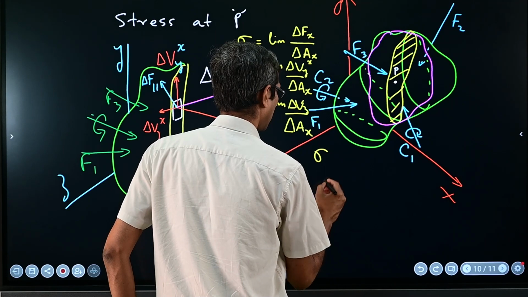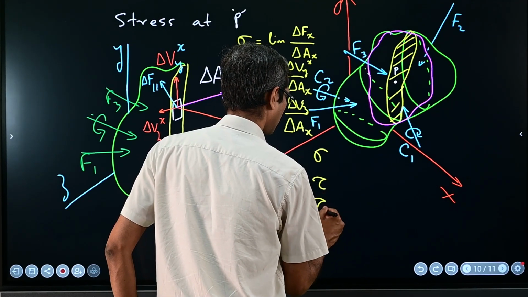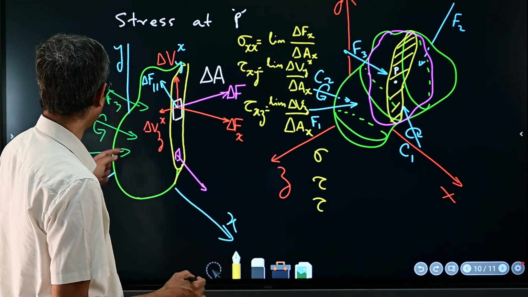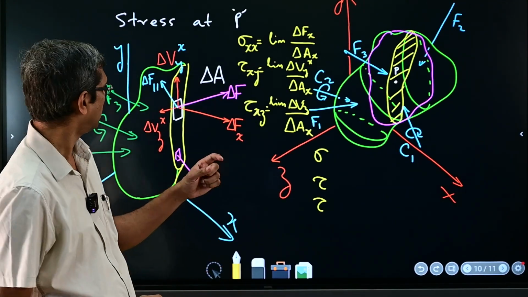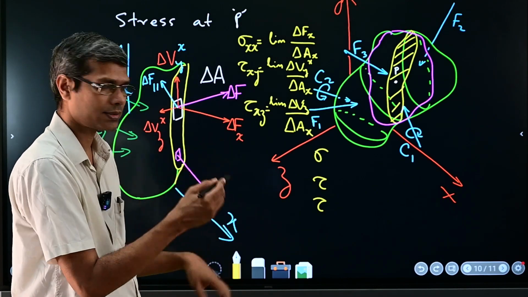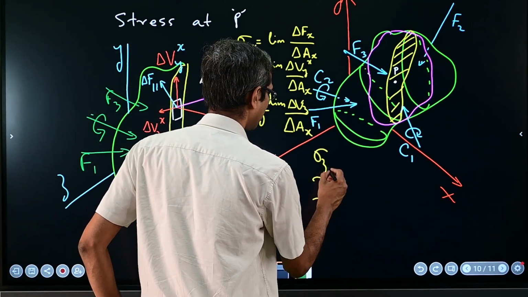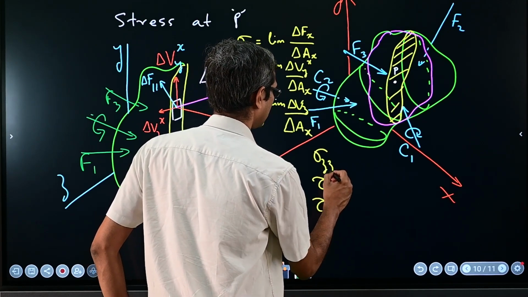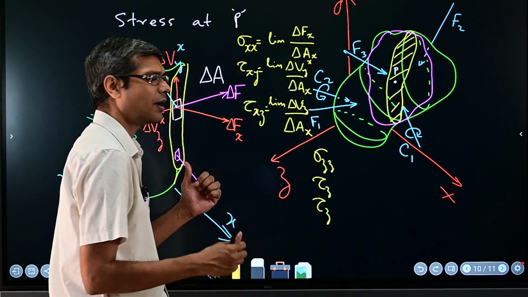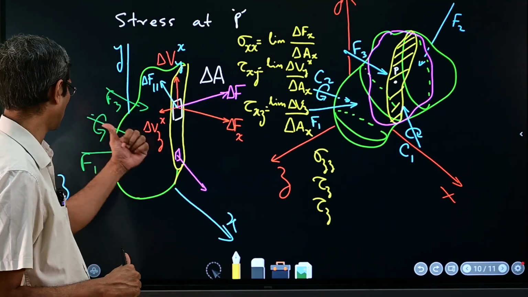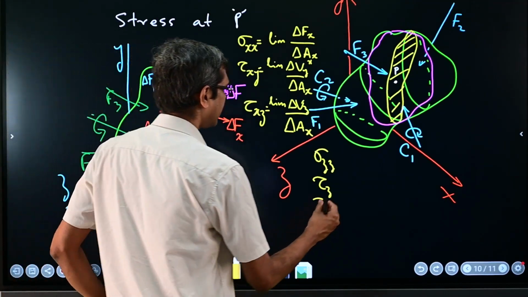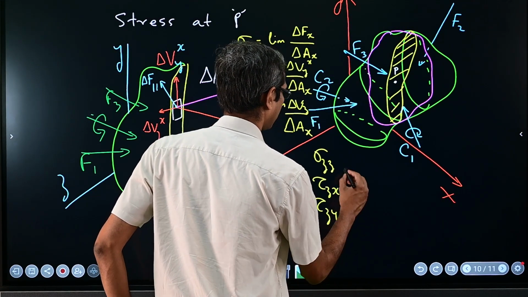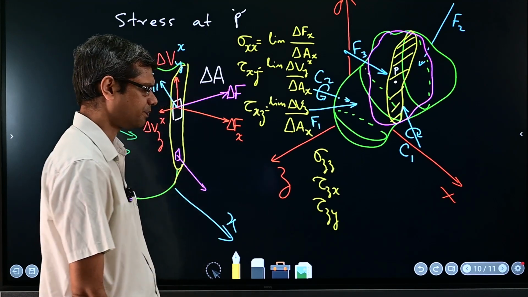The first subscript should be the direction in which the area has the normal, so this is z and z, and the second will be z, because sigma is normal, so the force should be resolved in that direction, and then tau zx and tau zy. So like that you should define.